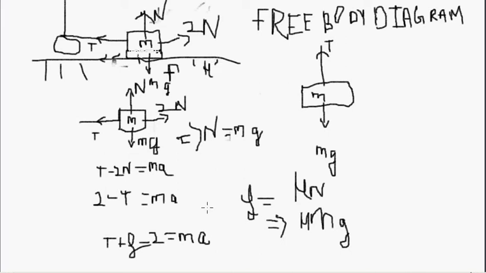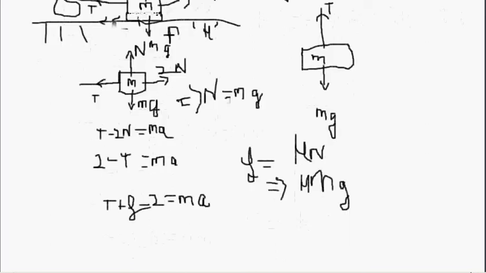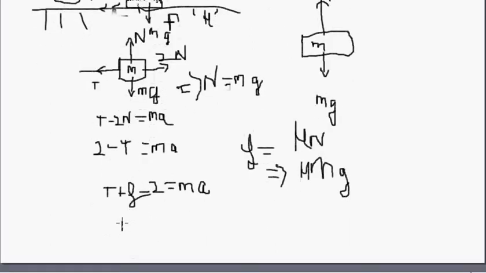So now we are going to apply this here. We get something like this: T plus mu m g minus 2 equals m a.